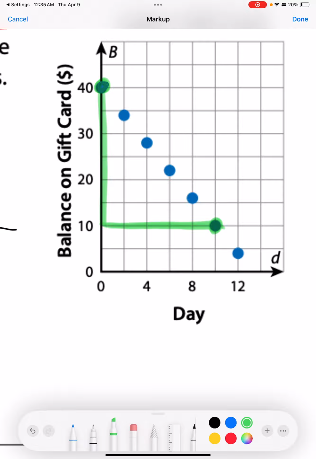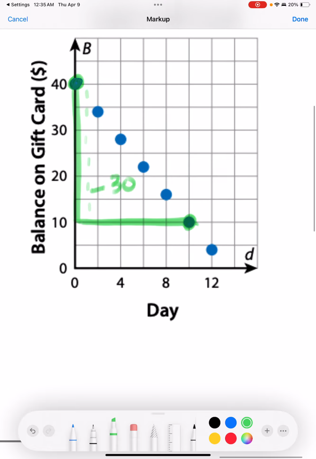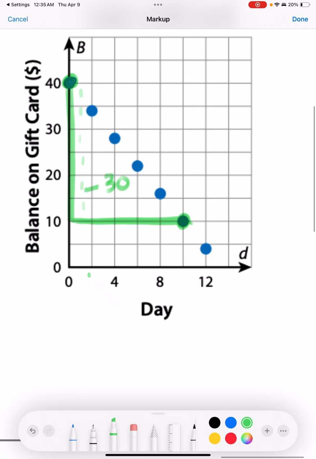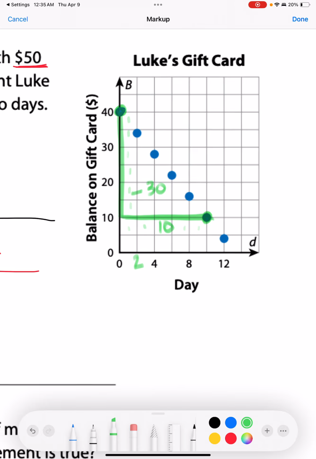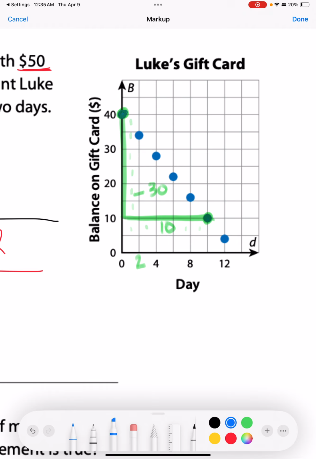Pay attention that each box is worth 5. So 5, 10, 15, 20, 25, 30. So minus 30. And then over, these boxes are worth 2, 2, 4, 6, 8, 10. So Luke's slope is negative 30 over 10, which is negative 3. So minus 3.